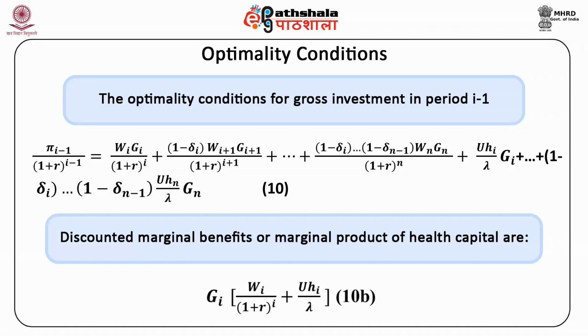Basically, consumers desire health for market activities and non-market activities, as appeared in their utility function. To convert marginal products into value terms, their monetary value is expressed with wages and money value of utility. So, by converting to value terms, we obtain the discounted marginal value to consumers of the output produced by health capital.